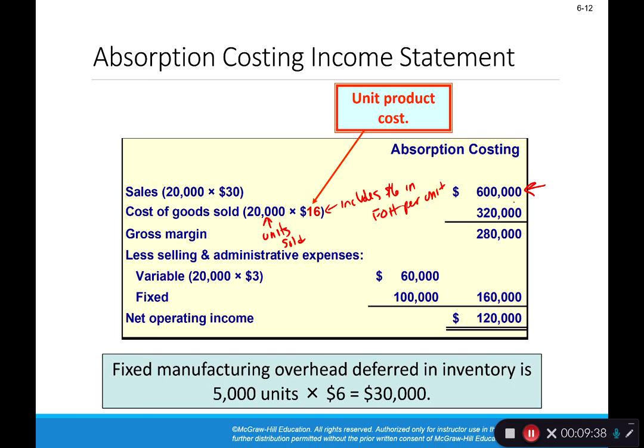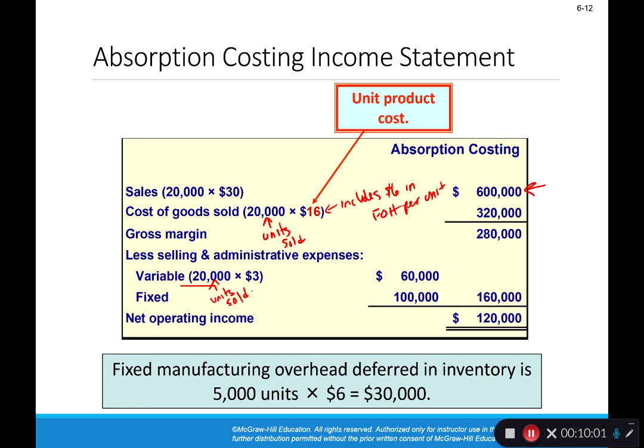So here we're using a traditional income statement. So we take our sales minus our cost of goods sold, and that gets us gross profit. And then we take out our selling and administrative costs. So we're going to take out our variable selling and admin, which is the 20,000 units sold times the variable cost per unit of 3 for selling and administrative, and then our fixed selling and administrative.